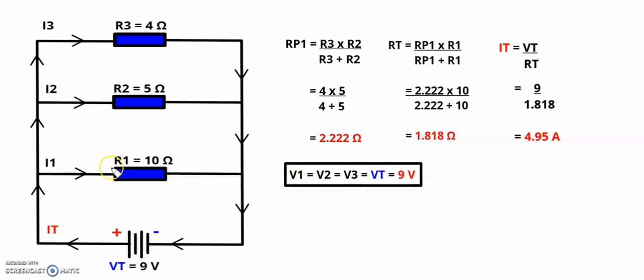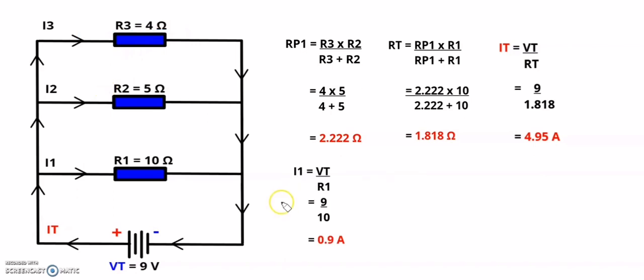Next, we will calculate the current flowing through each branch, which means the current flowing through R1, through R2, and through my third resistor. My first current I1 is equal to my total voltage divided by R1, which is 9 divided by 10, which will give me a current of 0.9 amps flowing through R1.